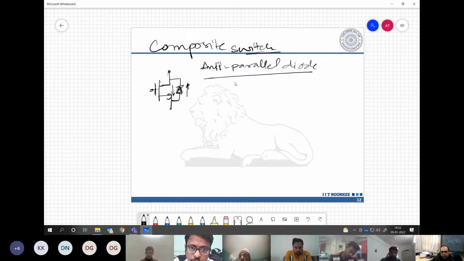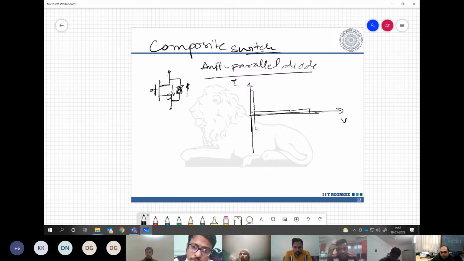Correct? What freedom is this giving us? Apart from having this quadrant of operation for VI, it is extending the operation to the other quadrant as well. So now we have a two quadrant switch.